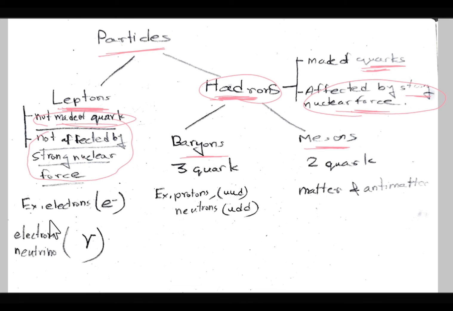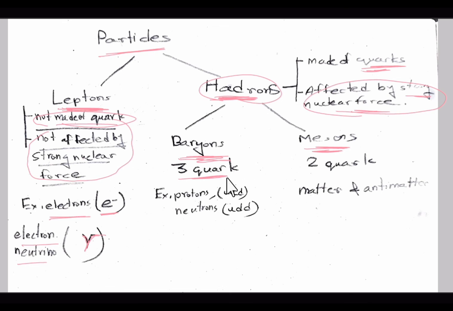Examples of leptons are electrons and electron neutrino. Electrons are represented by a negative symbol, and the electron neutrino that you need to know is represented by this symbol. Hadrons are further subdivided into baryons and mesons.